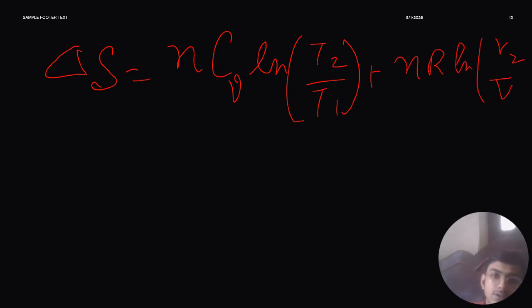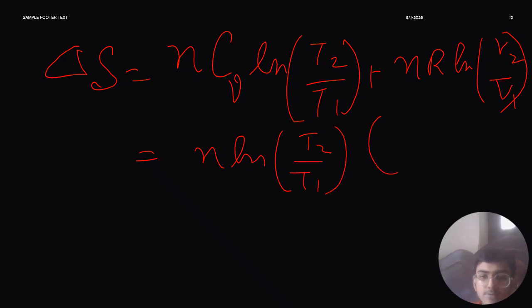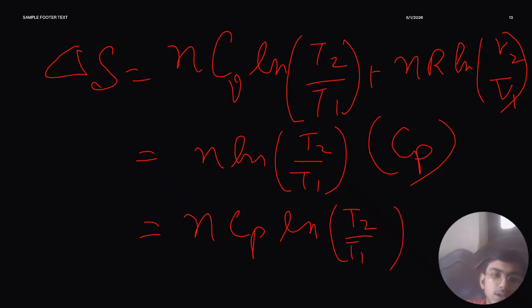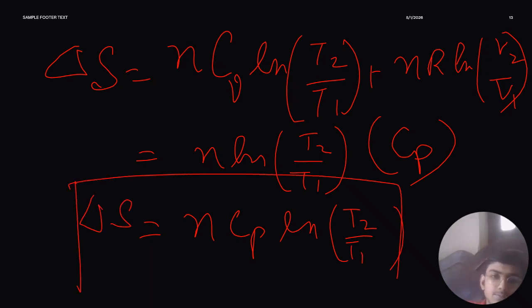Now we will put V2 by V1 equal to T2 by T1 and take it common. It will be ln T2 by T1 times Cv plus R, which is Cp. So n Cp ln T2 by T1. I hope you are getting this. This is for the isobaric process.